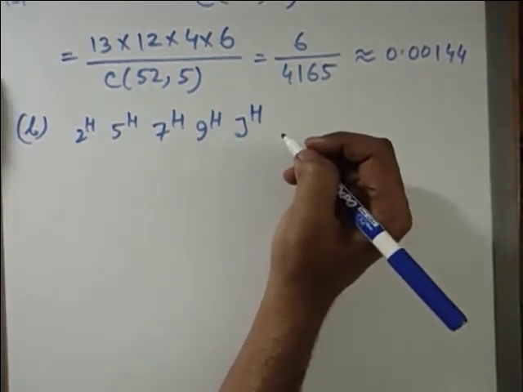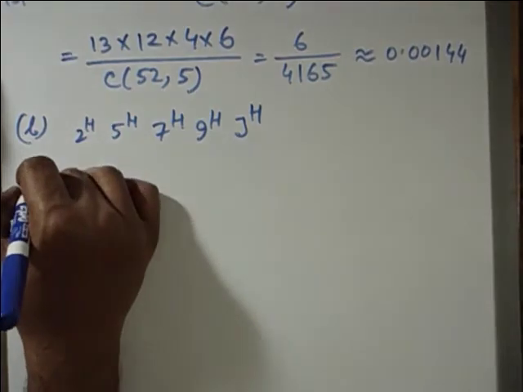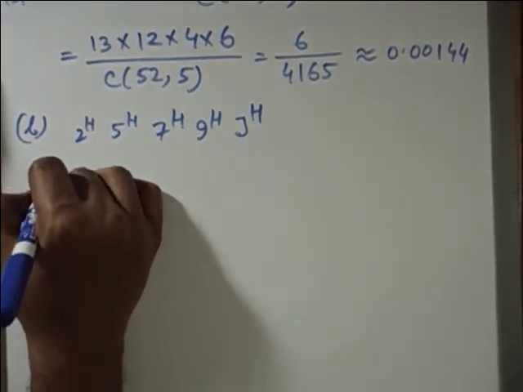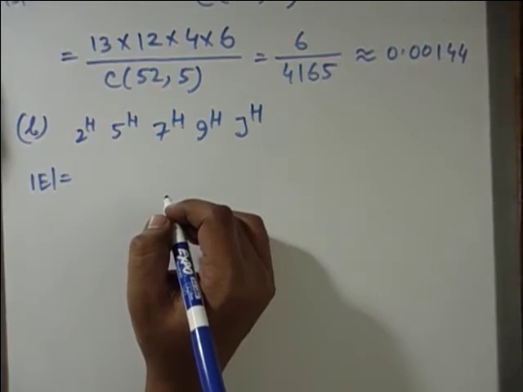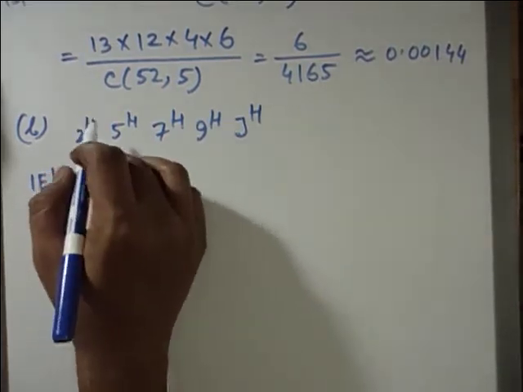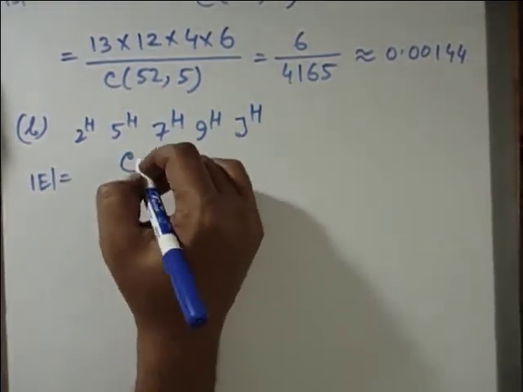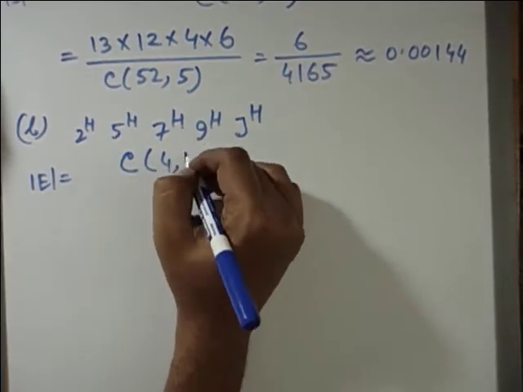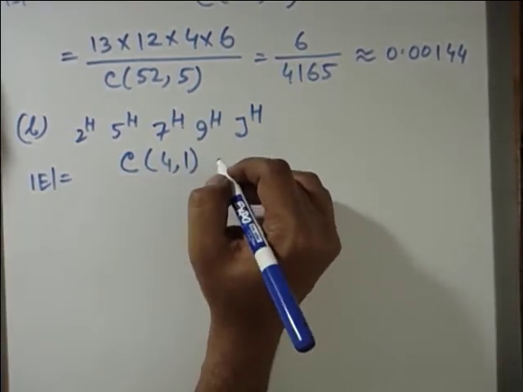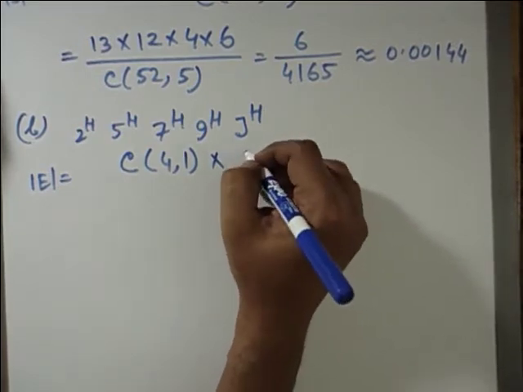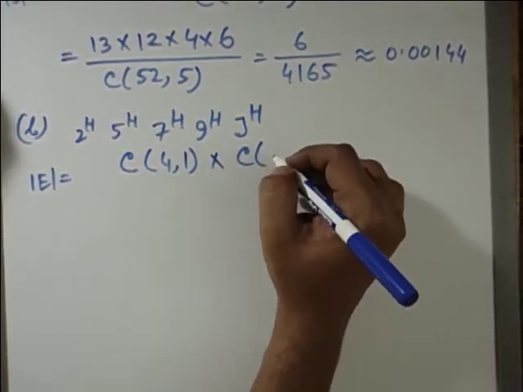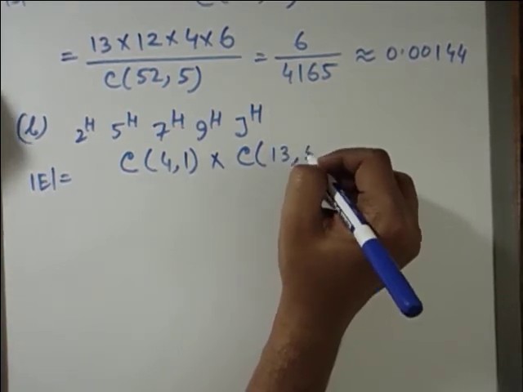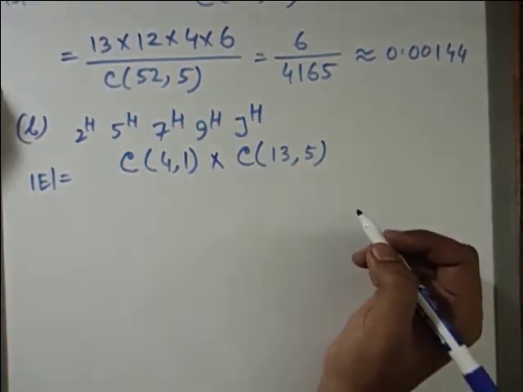So that's one example. What is the probability here? How many different ways can we choose 5 cards like this? So first choose the suit. From 4 suits we choose one suit. Then in that suit there are 13 cards, and you choose any 5 of them.